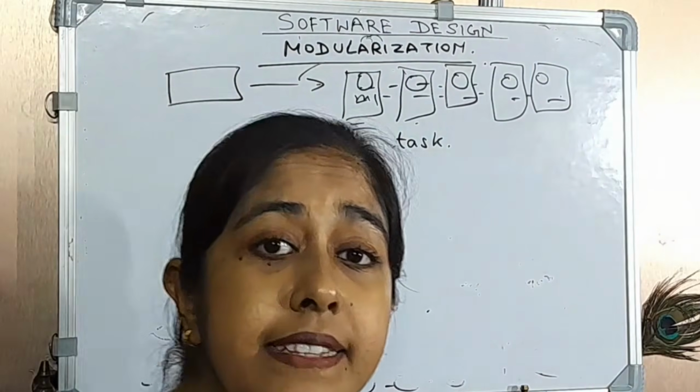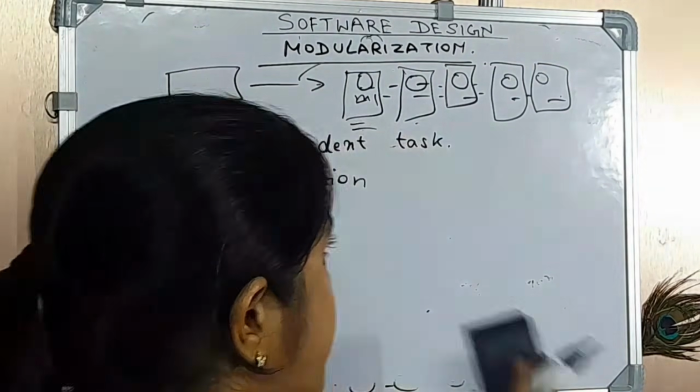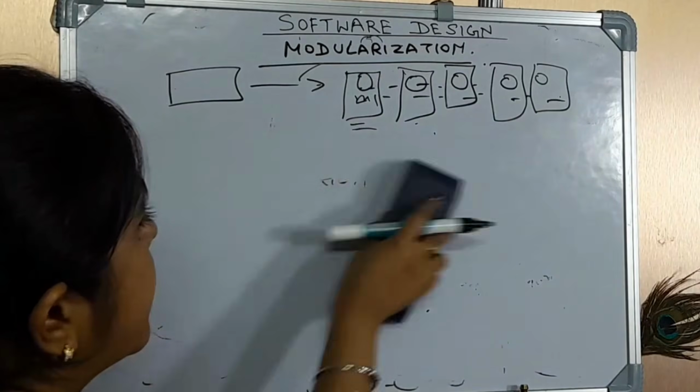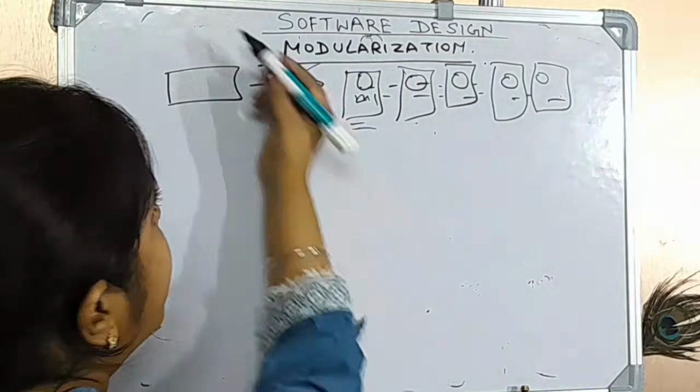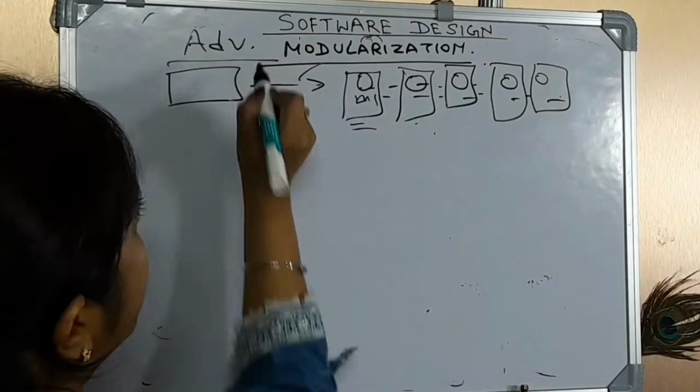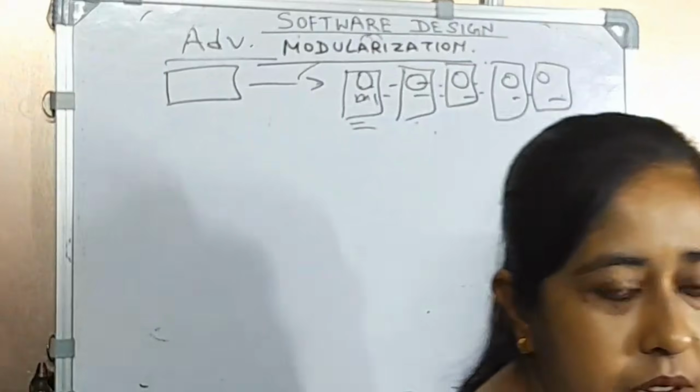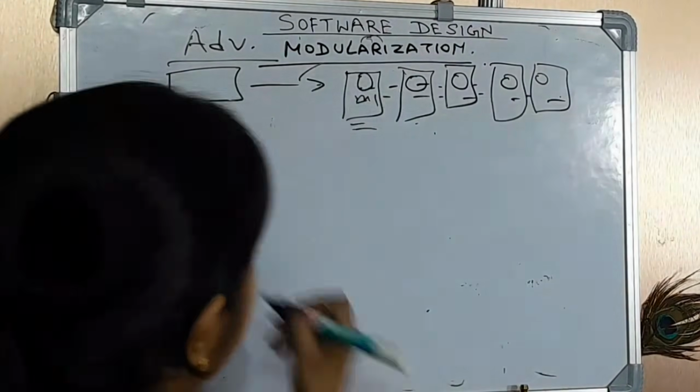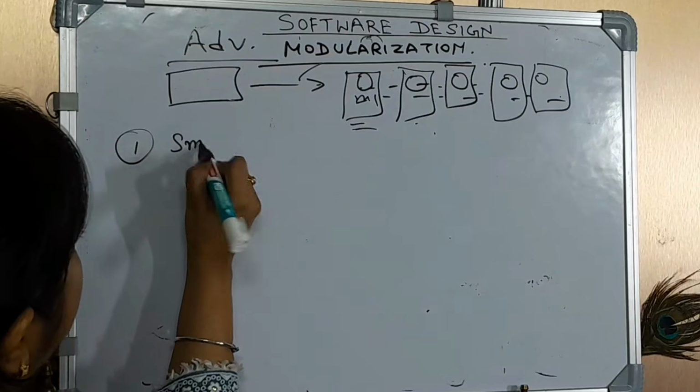Now why are we breaking this into modules? What will happen? Let's see the advantages of modularization. First one is smaller components.